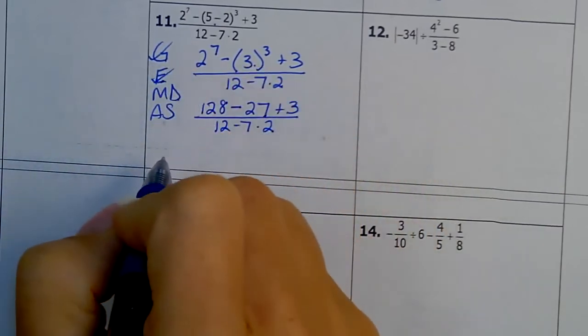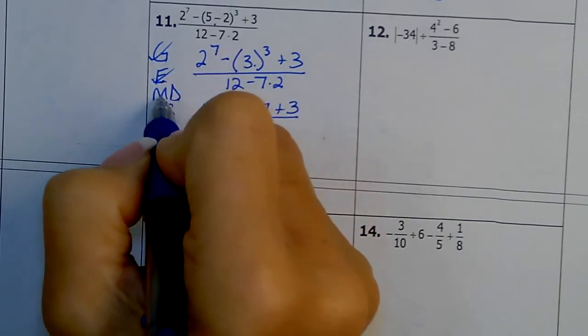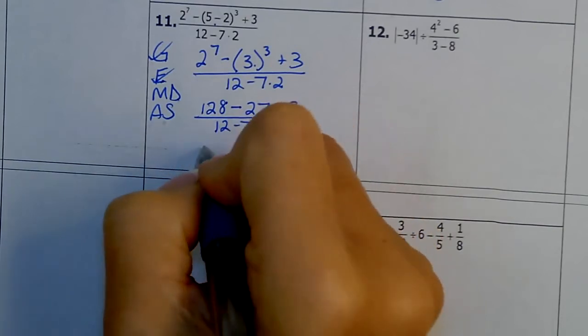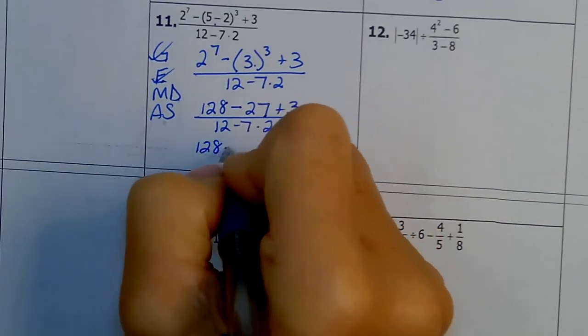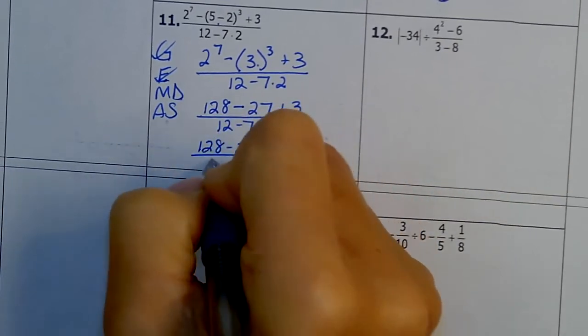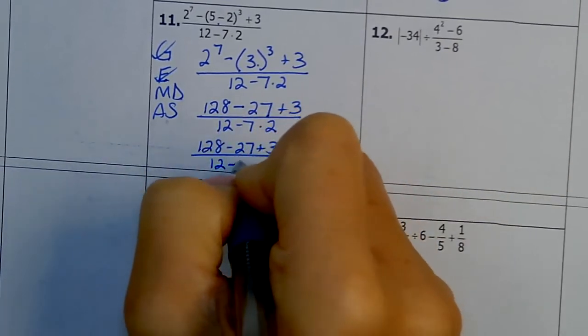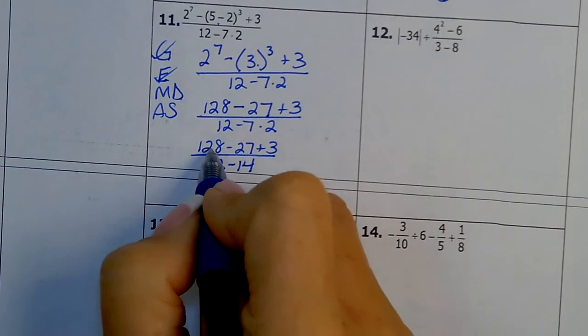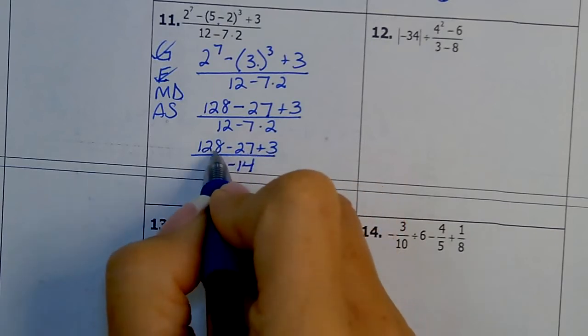All right. Now we're going to do any multiplication or division, which we see right here. I get 128 minus 27 plus 3 and 12 minus 14. All right, so now we're on add or subtract, and we go from left to right.